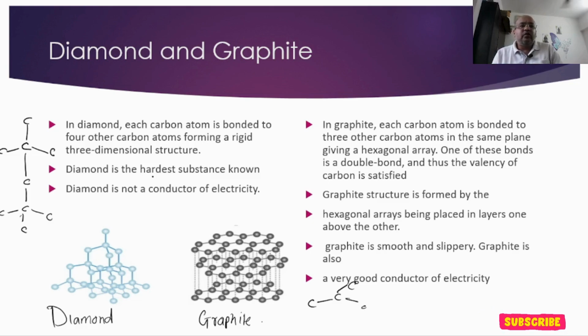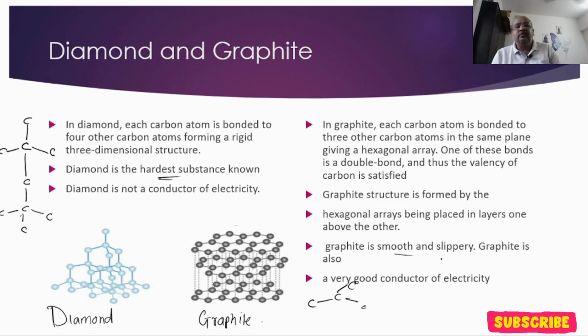Then the diamond is the hardest substance known on the earth, right? Graphite is a soft form of carbon. The graphite structure is formed by hexagonal arrays placed in layers, one above the other.